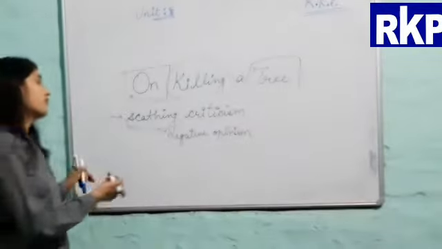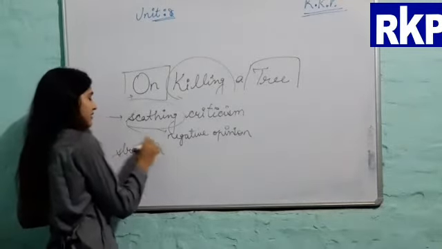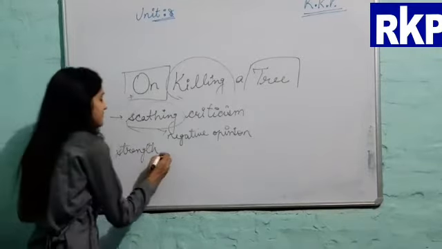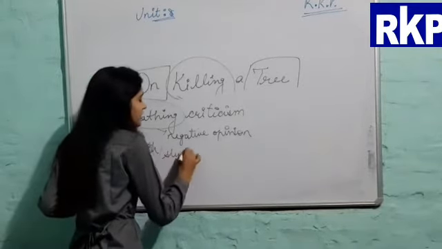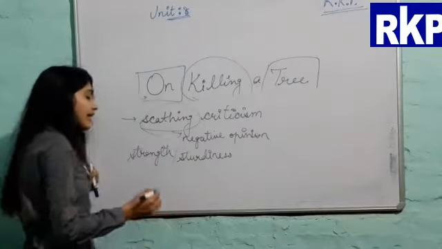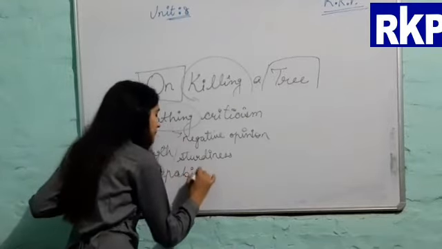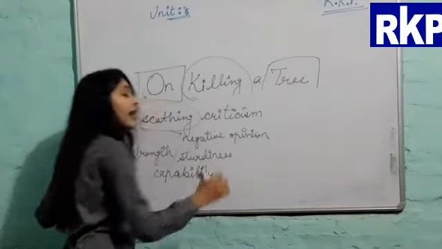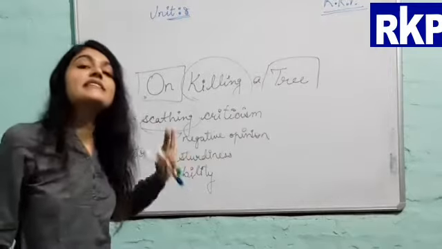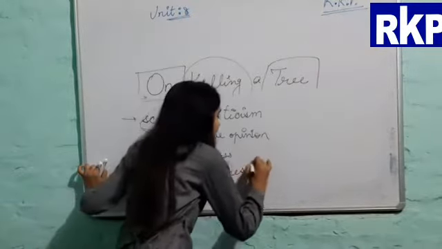What is the nature of the tree? The strength of the tree, we can say sturdiness, and the capability to bear everything that is coming in its way. We can say resilience.